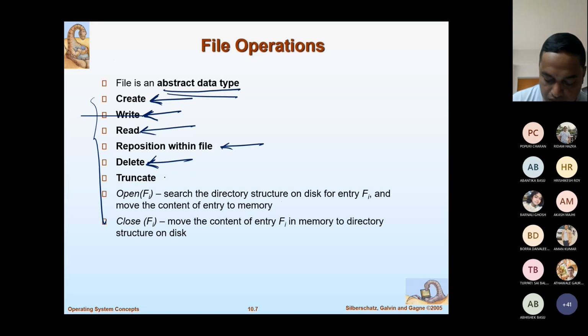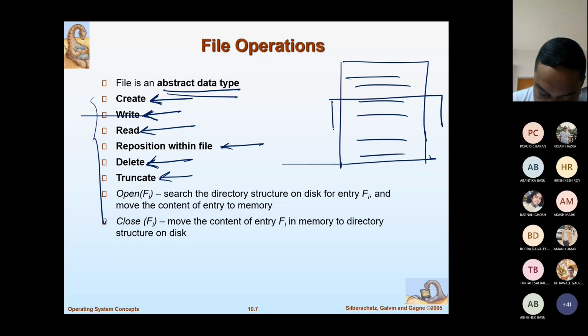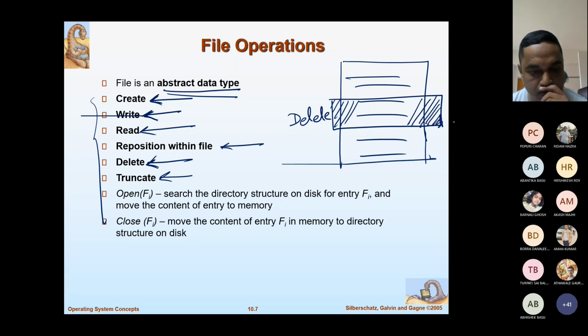Truncate: you have a file, a lot of data are there, and you want to delete this portion of the file.